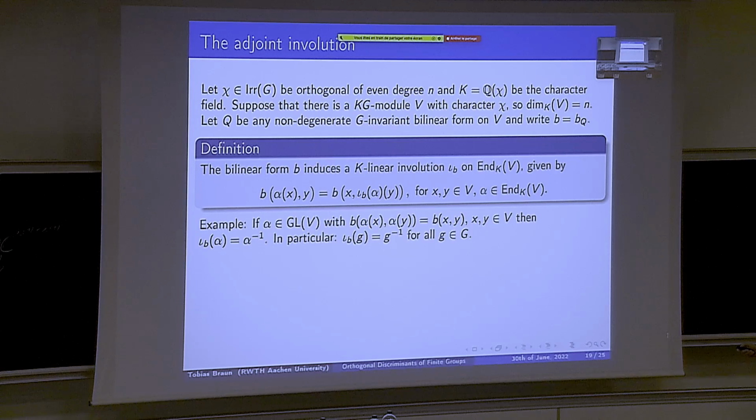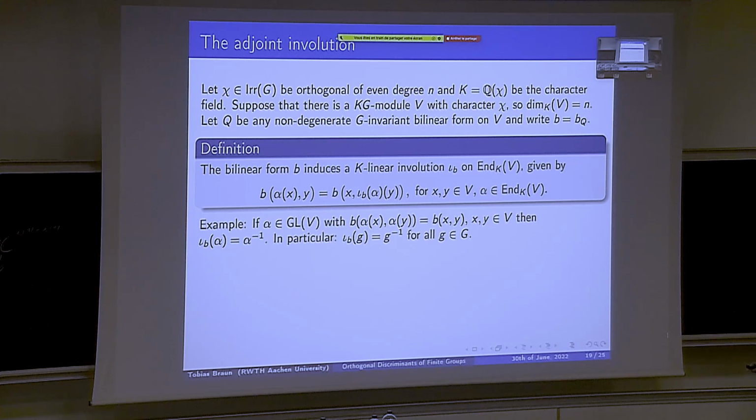And you know how the adjoint involution behaves on isometries of the vector space, by which I just mean automorphisms that leave the bilinear form invariant. If you have such an isometry, then iota_b of alpha is alpha inverse. Just take one of the components and apply the inverse of alpha.